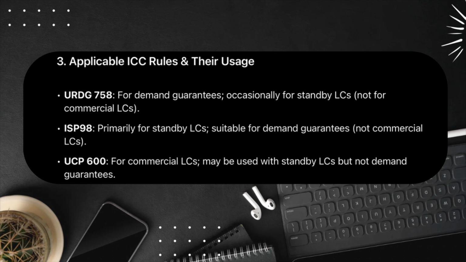However, there are certain aspects of UCP 600 that are irrelevant to the operation of standby letters of credit. Conversely, there are many issues on which additional guidelines may be required for the operation of the standby letter of credit. This guidance is to be found in ISB 98 but not in UCP 600.